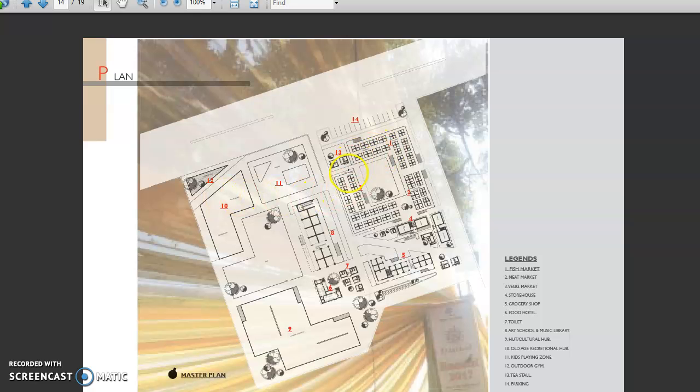This is my master plan, where I try to make proper zoning for the project. This is the Bazar area, and this is the community facility area. This is the fish market, meat market, and the vegetable market area. And this is the storehouse area.